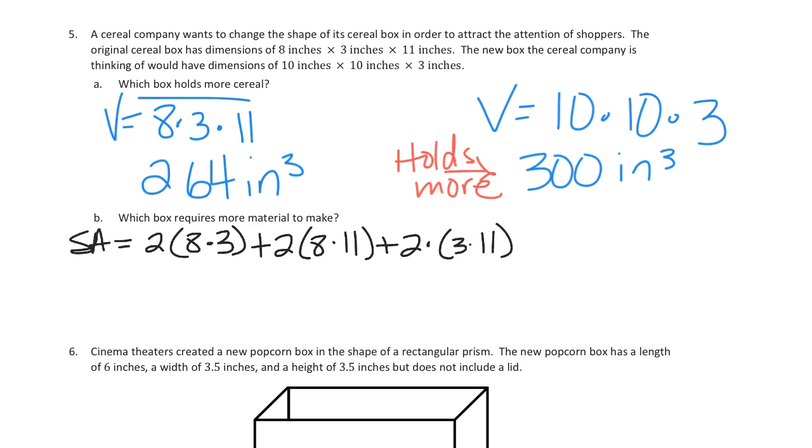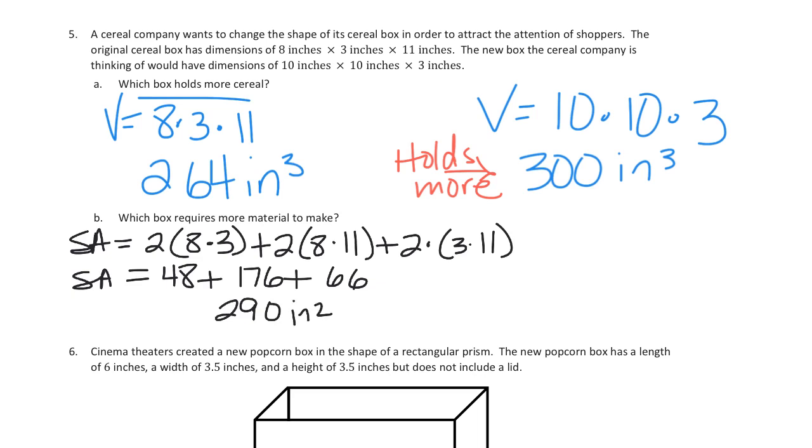So at this point, I'm going to do all the multiplication. And so this is 48 and 176 and 66, and when I add those together, 290 inches squared.